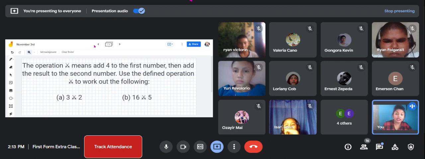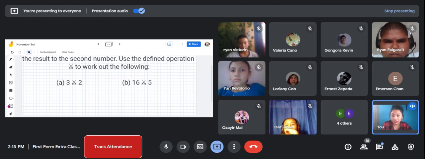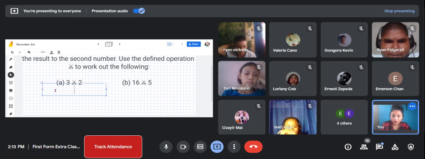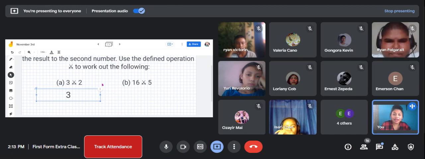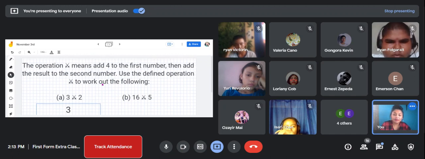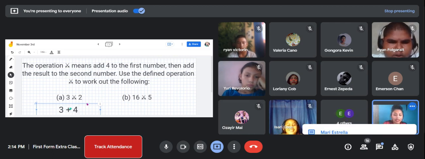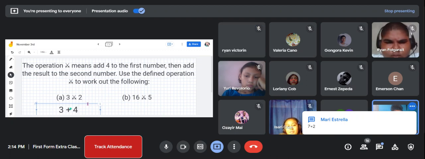And we want to do this question in little pieces. So what I'm going to be doing here, let me just type it here. I'm going to take my first number, which is 3. And I'm going to add how much to it? 4. Very good. You guys are paying attention. That is the first thing that I have to do.